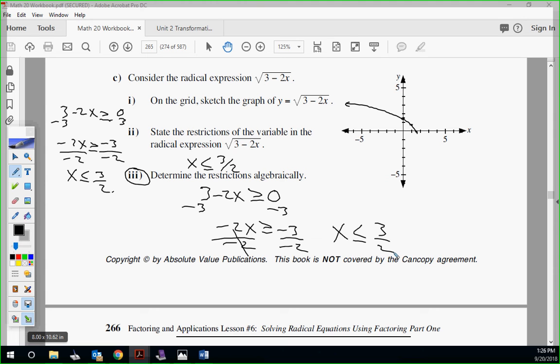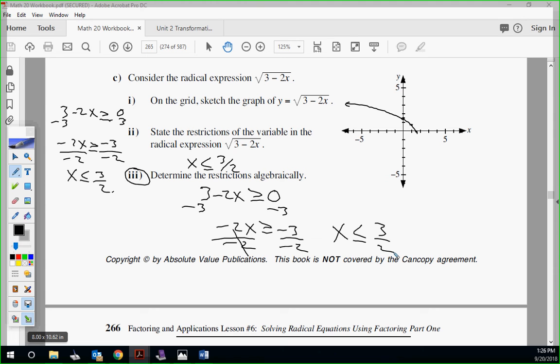Since it's dividing by a negative 2, that's why the inequality flips? Yes, because we divided by a negative, we have to flip the inequality. Even though negative 3 divided by negative 2 will be a positive, that being a positive is irrelevant. The operation we did is divide by negative 2. That alone flips it. Doesn't matter what the output is.